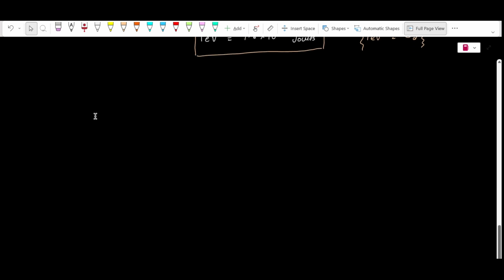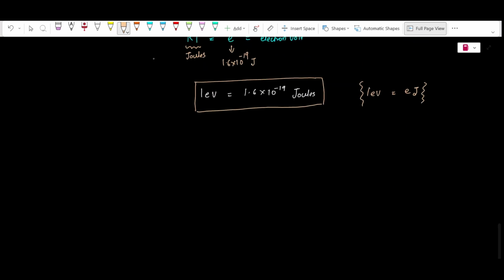Now having said that, let's move further. Let's say that I apply some voltage. So 1 electron volt is e joules.